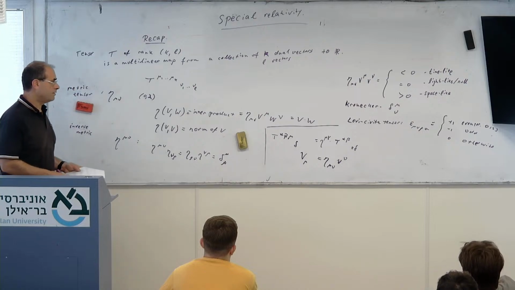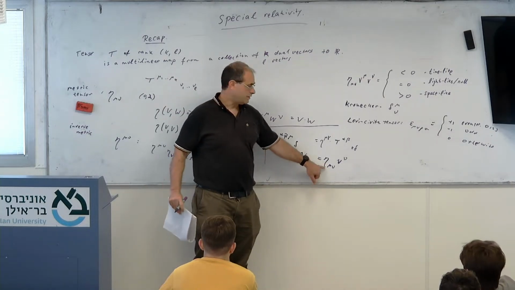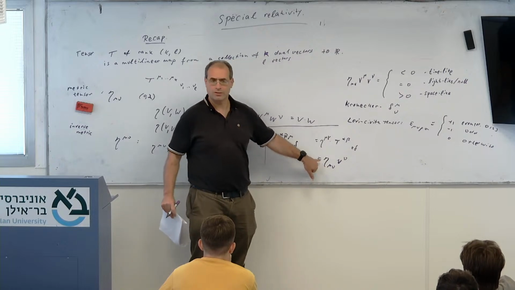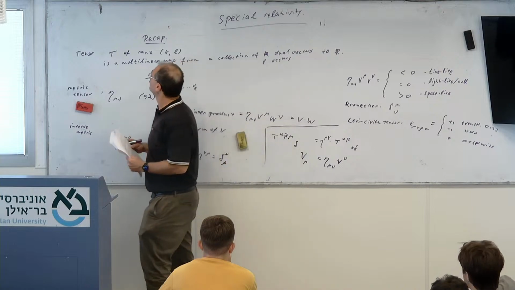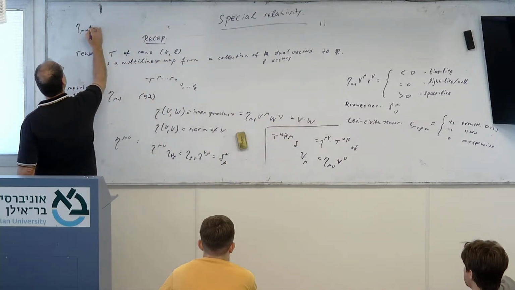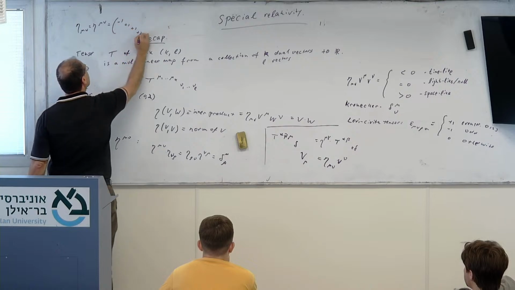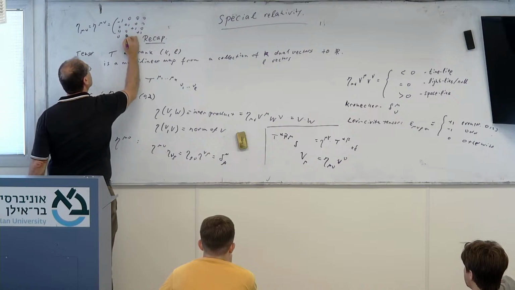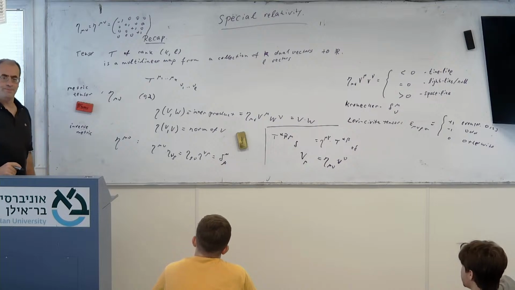Again, in 3D Euclidean space, you don't see any difference. In 3D Euclidean space, this is simply the identity matrix. But here we have 4-dimensional Minkowski space, with a minus sign.